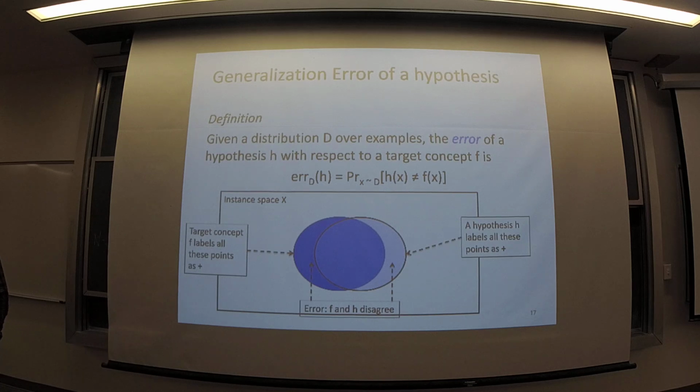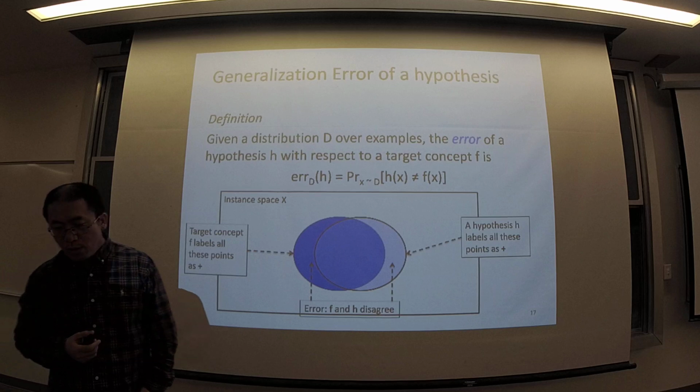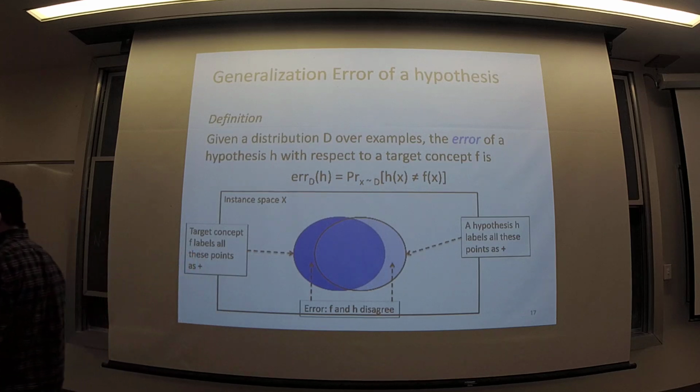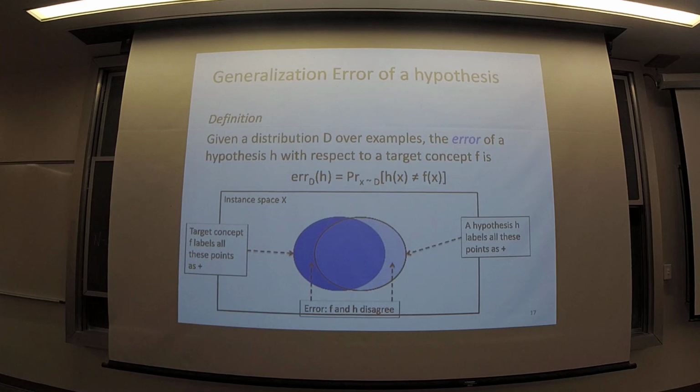Okay, so let us continue with computational learning theory. In the last lecture, we introduced a few key concepts in computational learning theory, right? And we mentioned several important goals, that is, how we quantify or bound the generalization error of a particular learning algorithm.